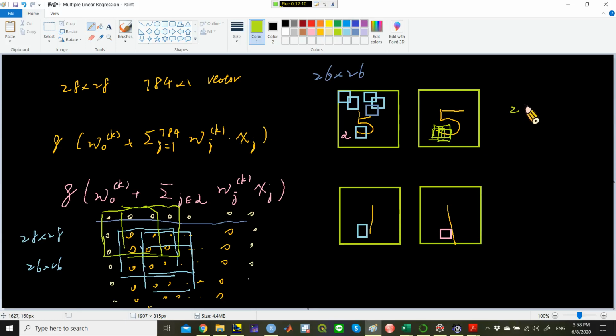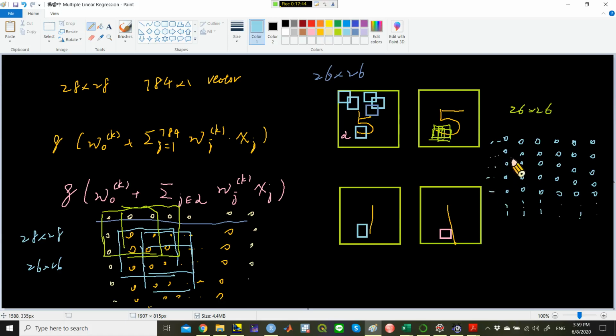After considering different overlapping sub-images, now we have a 26 by 26 map. I should pick a smaller number to write. We can keep doing this, but this is the 26 by 26 matrix.